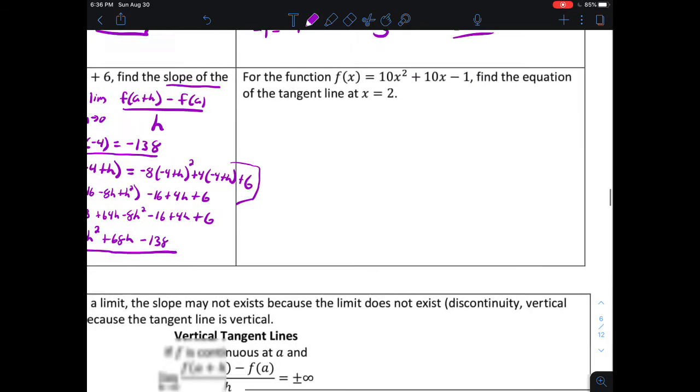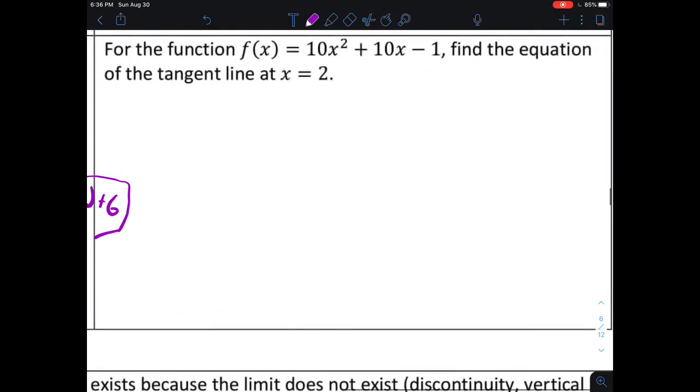Or actually, we want to find the equation of the tangent line at x equals 2. Well, in order to find the equation of the tangent line, I need to find the slope of the tangent line. And we're going to find the slope of the tangent line using a different limit here. You're going to use the fact that the slope of the tangent line at x equals c would be equal to the limit as x approaches c of f of x minus f of c over x minus c.